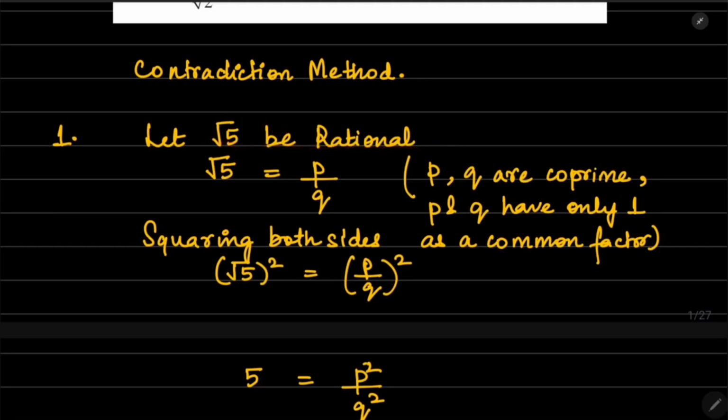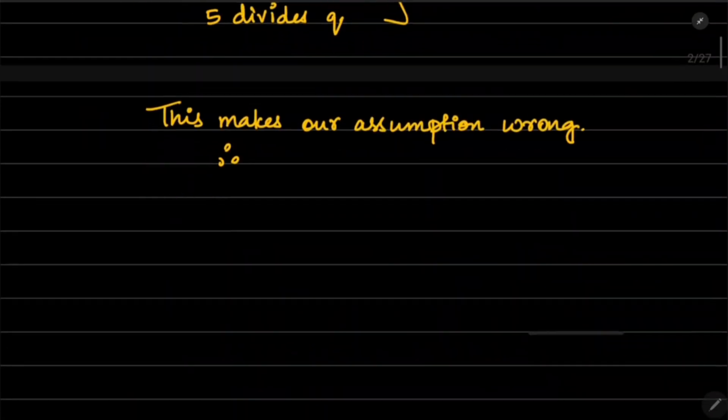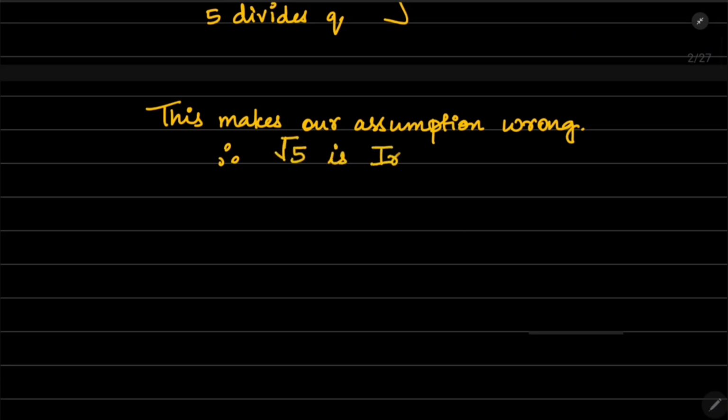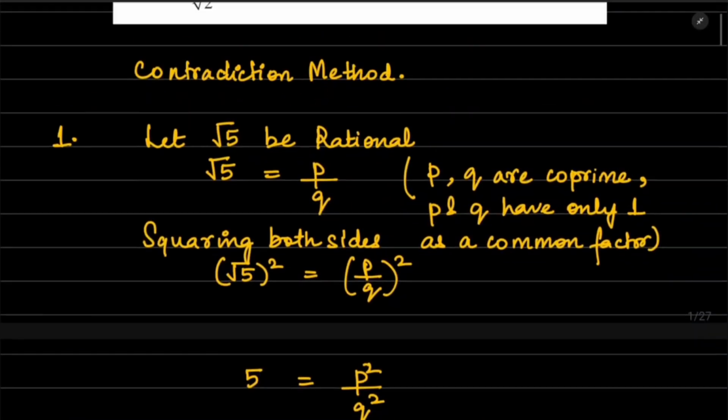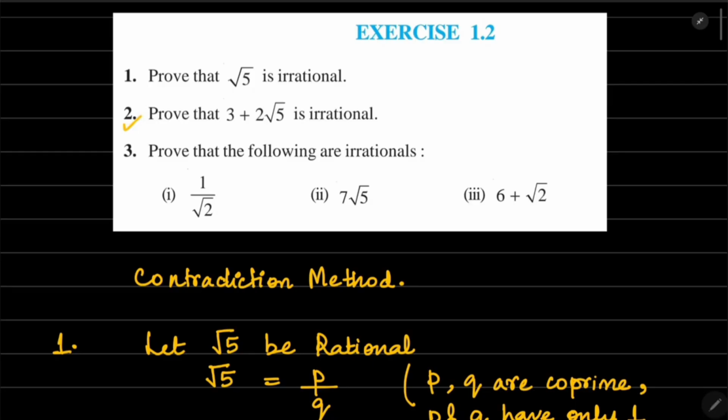So thus our assumption of root 5 being rational has been proved wrong, which means therefore root 5 is irrational. Okay. So this is how you have to prove it. It's a very, very important question. Okay. So let's go ahead and do the second one.